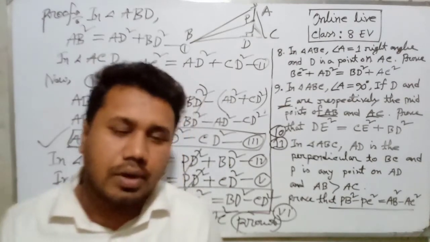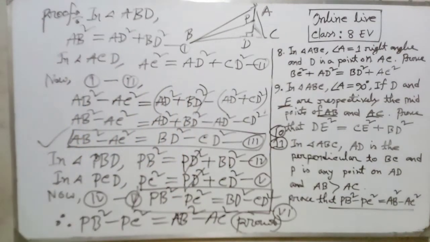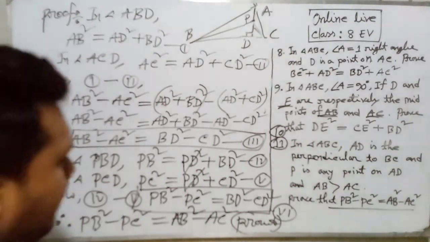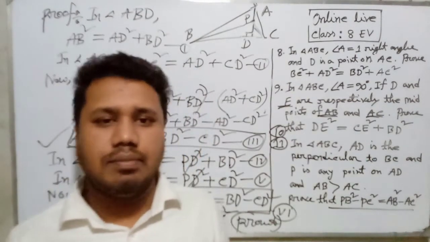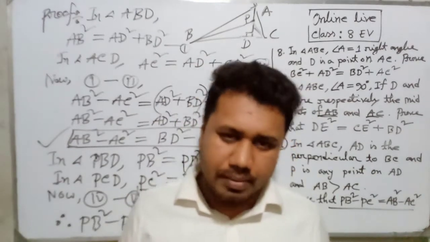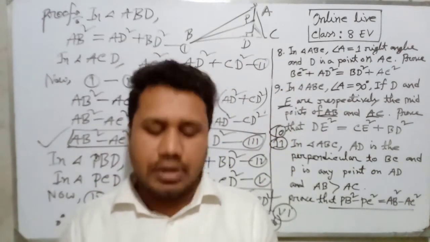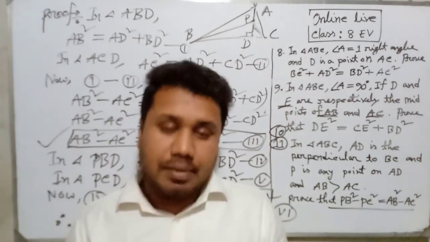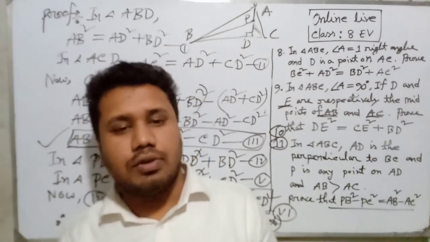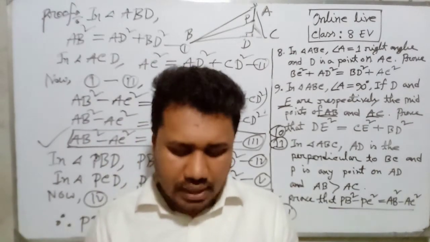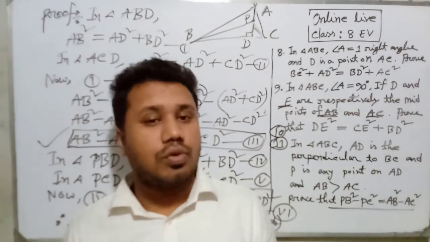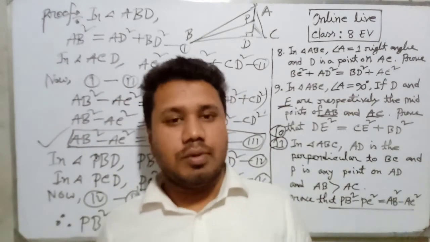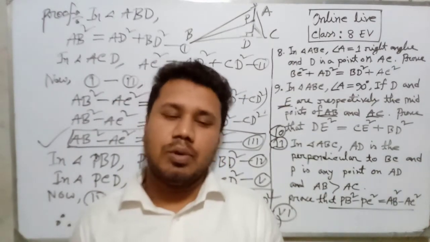Now today we solved our 4 problems. Next you will get some MCQ, problem number 12 onwards, and last you will get 2 creative questions, number 22 and number 23. Number 22 is our theorem of Pythagoras, and number 23 is already solved.